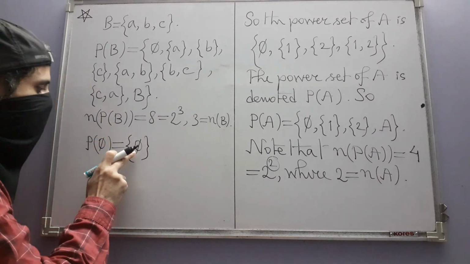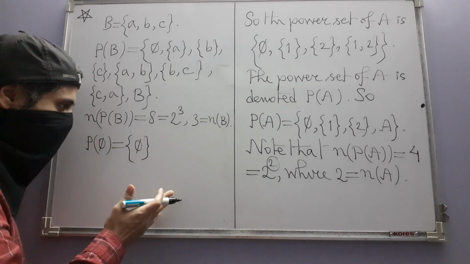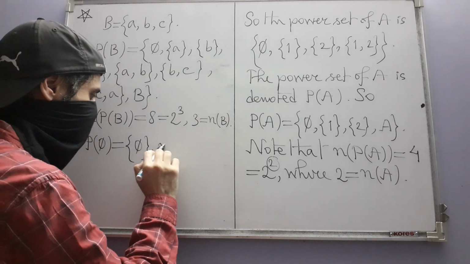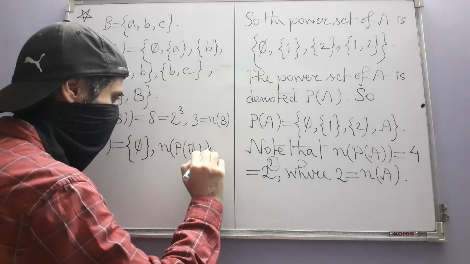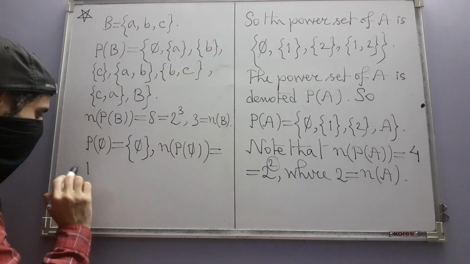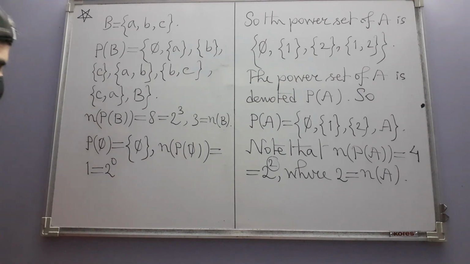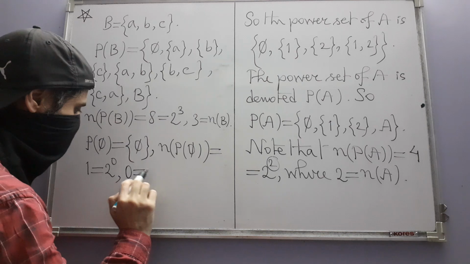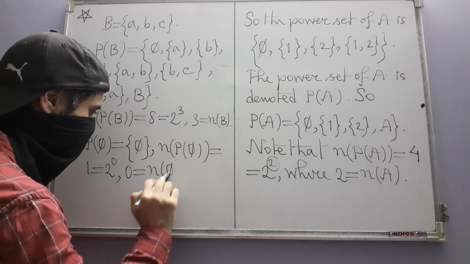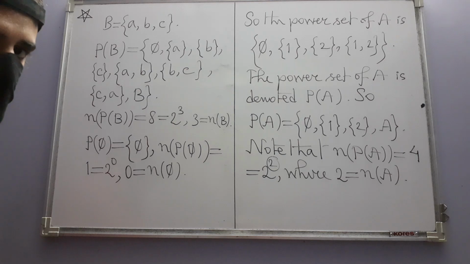This is the only subset of the empty set. As such, the power set is a singleton set. So this is 1. However, very nicely here also, this is 2 to the power 0, where 0 is the number of elements in the empty set. So in this case also, this pattern prevails.